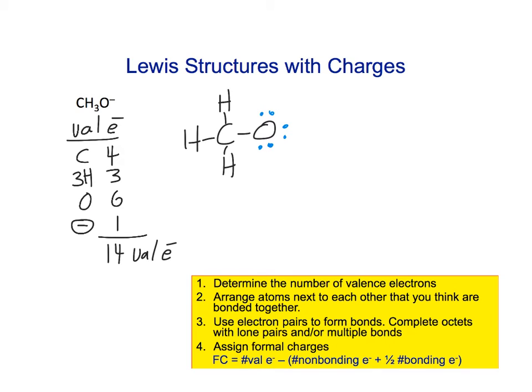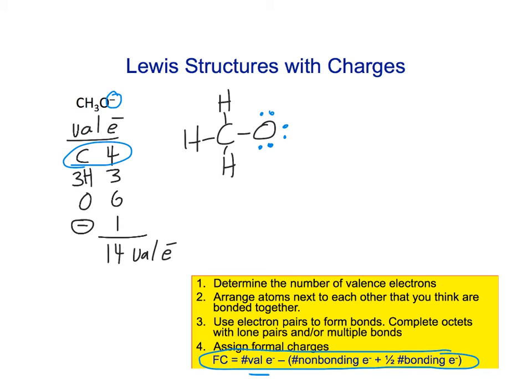All right, but the last thing we have to do with this minus charge is make sure where that minus charge goes, what atom it's associated with. Okay, so we have to assign formal charges. So here's the equation down here for calculating formal charge. In this equation, we're going to take the number of valence electrons that we started out with for that atom. For example, for carbon, the valence is 4. We're going to subtract from that the number of electrons that that atom has associated with it in this structure.